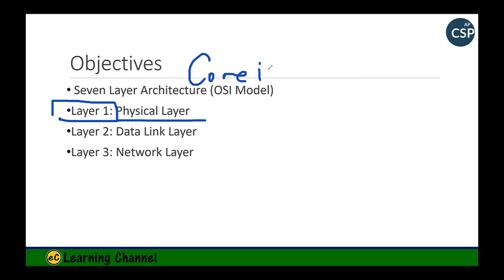That's more important. Once you grab the core idea, you will never forget it. How about Helen? What is level 1? It's like how the network physically connects, through cables and stuff. What is the keyword that I'm using?